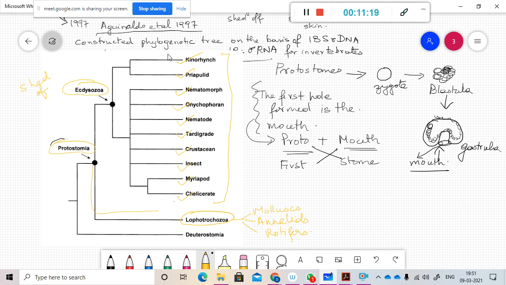So what these ecdysozoans show is one common morphological characteristic.